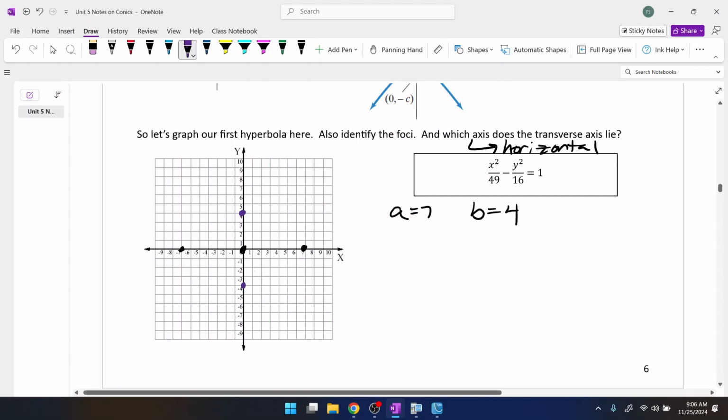You're probably wondering, what does this all have to do with anything? Well, one thing you can do is draw a box, and we'll be able to figure out the equations of the asymptotes on which these are going to lie.